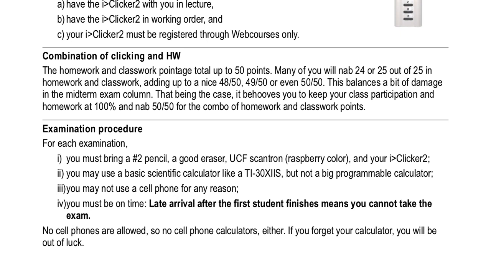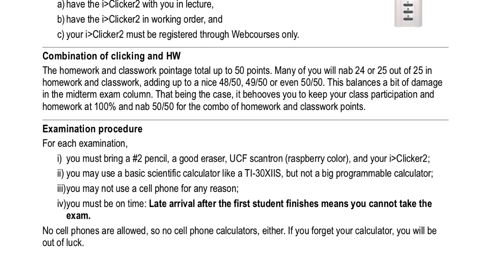And that's going to be really nice, because you may think, oh man, I'm never going to get above 30 on a midterm. But if you have 48 out of 50 on homework and clicking, that's a nice chunk of change.